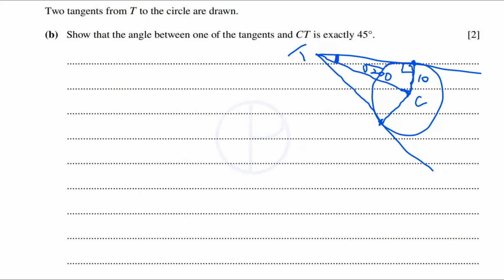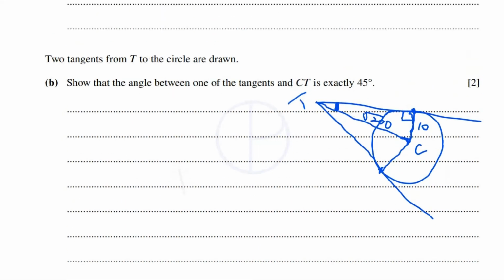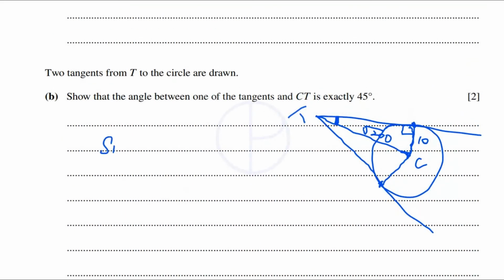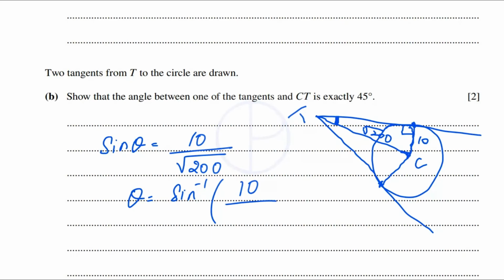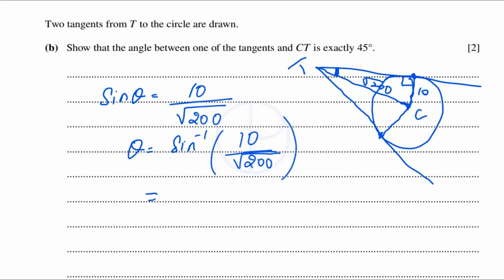So we will calculate the angle of the triangle. We know the opposite side and the hypotenuse. So sine theta is 10 divided by square root of 200. So what is theta? Theta is sine inverse of 10 over square root of 200, which is nothing but 45 degrees.